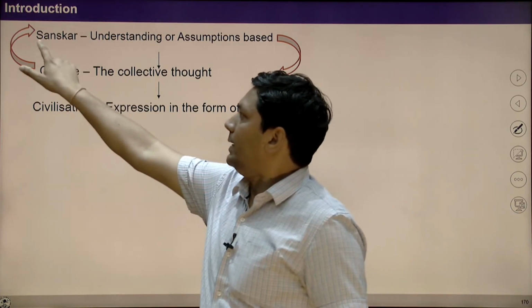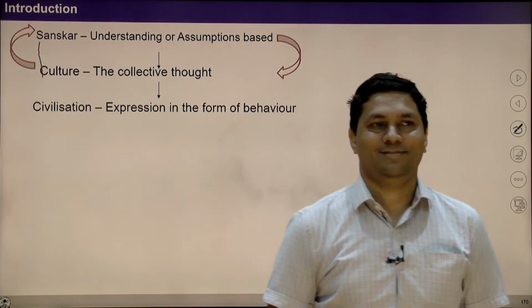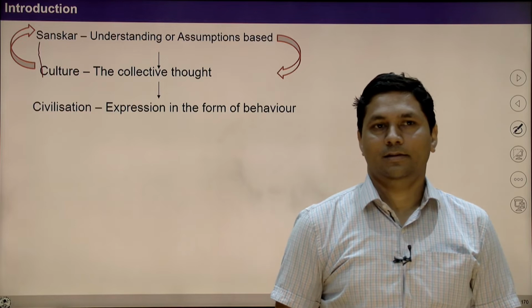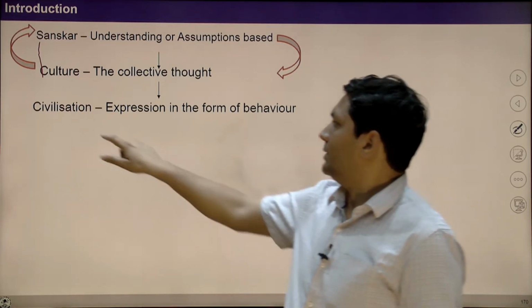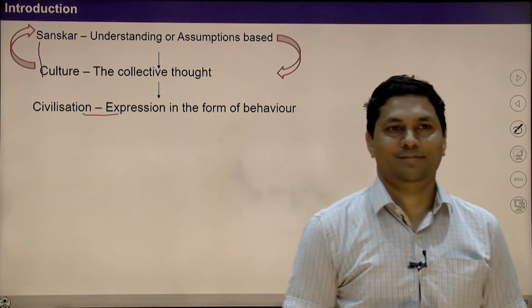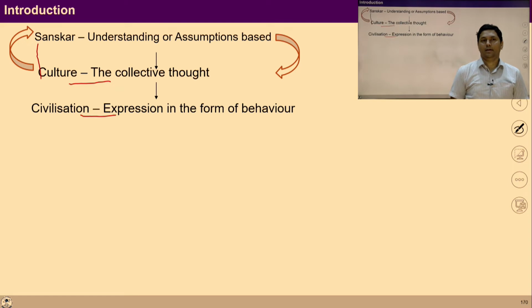So Sanskaar and culture are basically interrelated to each other. At the core of civilization is culture, and each culture is what has been understood or assumed about the reality, that is Sanskaar.